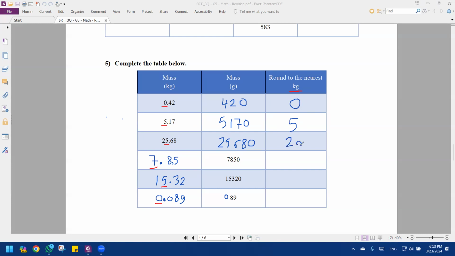So not 25, it's 26 kilogram. Now in the line 7, we check 8. 8 round up. So 8 kilogram. 5, we check 3. 3 round down. So 15 kilogram. Last one, 0. We check behind it 0. So it's 0 kilogram. So here we did rounding to the nearest 1 kilogram.